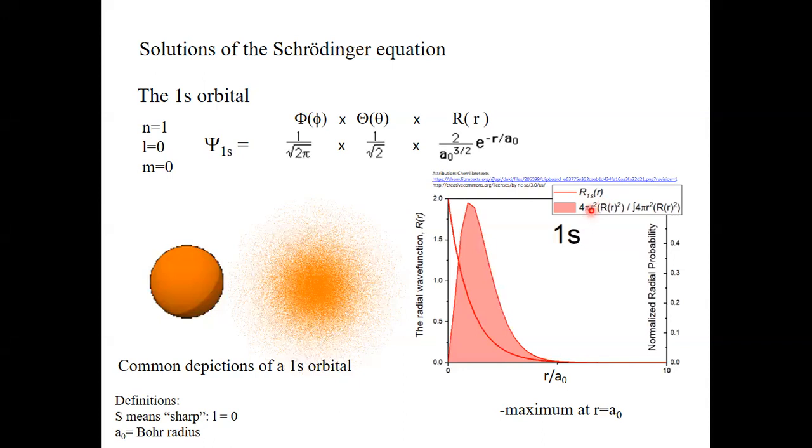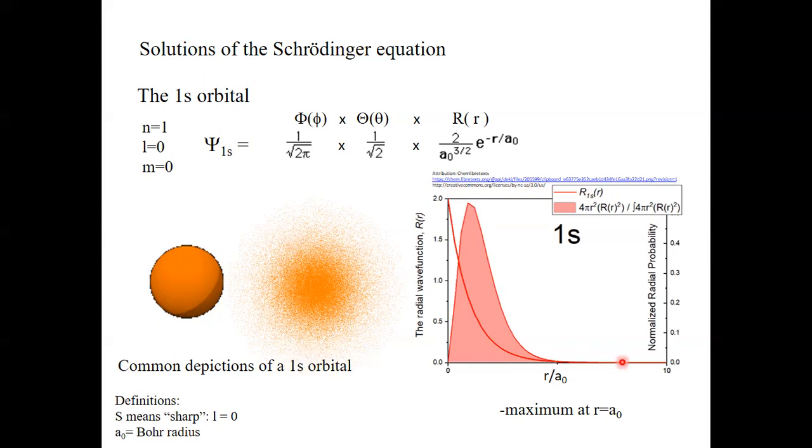Because when you enter r equal to 0 here, you see that the entire function becomes 0. Therefore now, at r equal to 0, the probability is 0, okay? And then the probability increases due to that 4 pi r squared term until the exponential function takes over and we are going to a maximum, and then we are declining again in probability.